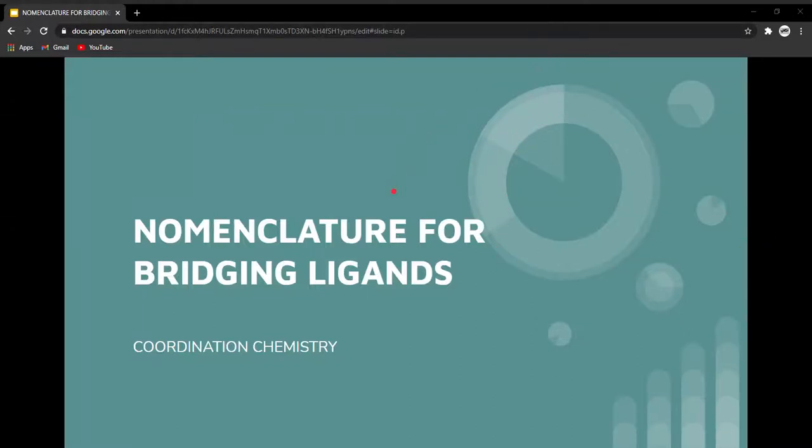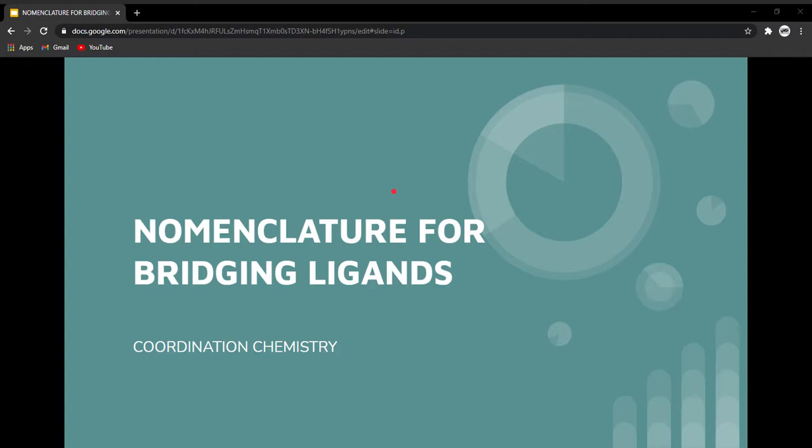Okay, so here we are going to discuss how to name a coordination complex that contains bridging ligands. What is the necessity to name such complexes? The only thing is, we are going to introduce a symbol called mu.